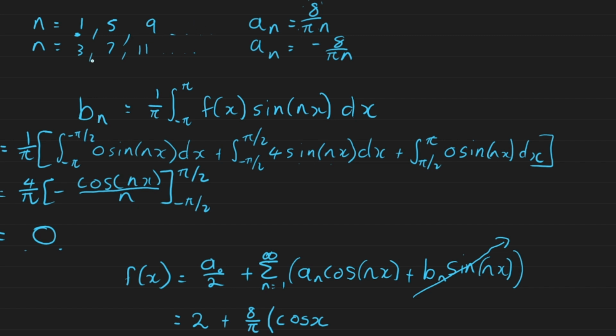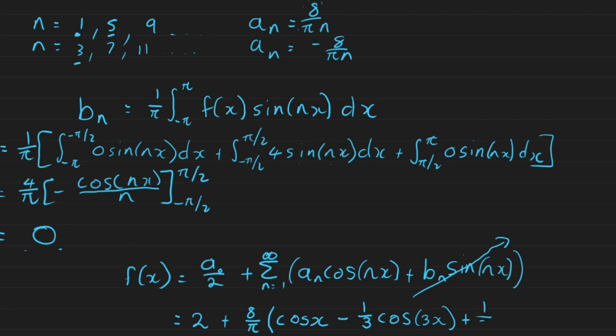So now we go to 3. And 3, we see we have a negative number. So we have to write minus 1 over 3, because it's 1 over n, cos 3x. And then we now need to substitute in 5. And 5 we see is a positive.